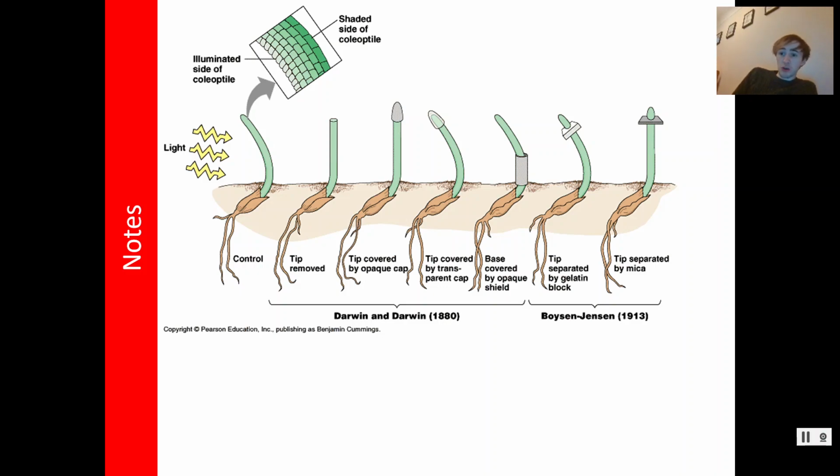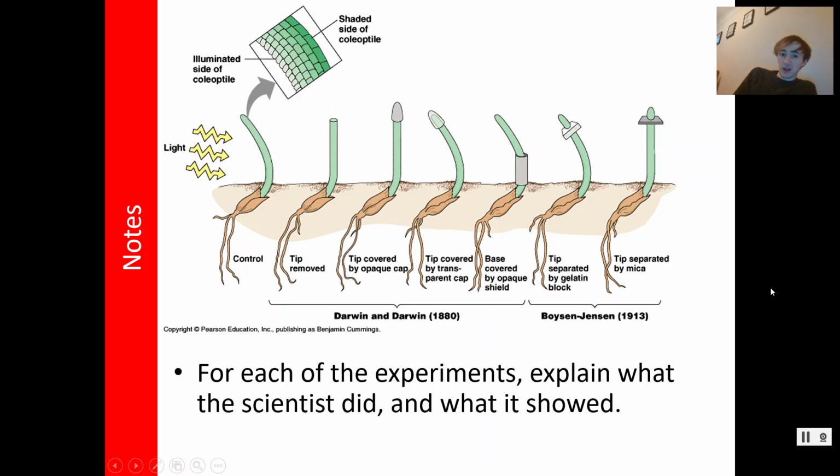What I need you to do, and you may have to watch me explain that again, or do some research of your own, is 2 things. Firstly, I'd like you to draw this diagram. There's no need to do the roots or anything like that, just for each plant show me what happened. And then secondly, for each experiment, explain what the scientist did. As long as you've done your diagram properly, you probably won't need to do that bit, because you will have labelled what your scientist did.